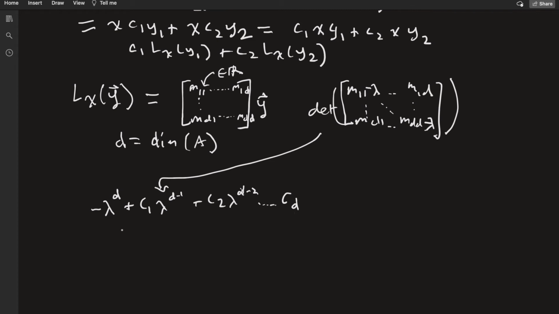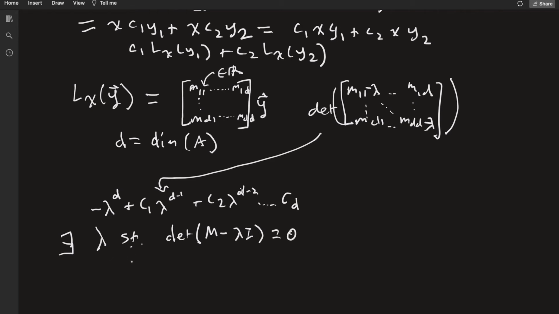Anyways, we know of the existence of one lambda such that the characteristic polynomial, the determinant of this matrix, we'll call it M minus lambda I, equals 0.